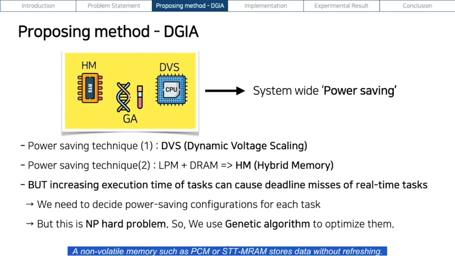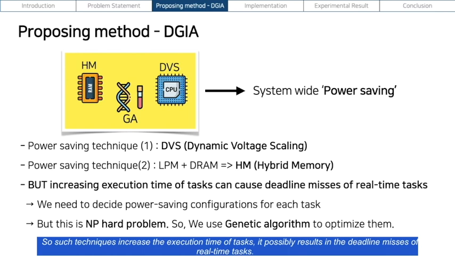A non-volatile memory such as PCM or STT-MRAM stores data without refreshing, so it is good for power saving, but its access time is relatively slower than DRAM. So such techniques increase the execution time of tasks. It possibly results in the deadline misses of real-time tasks.